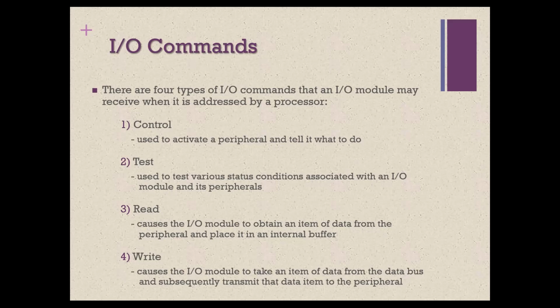The control command is used to activate a peripheral and tell it what to do. For example, a magnetic tape unit may be instructed to rewind or to move forward one record. These commands are tailored to the particular type of peripheral device.